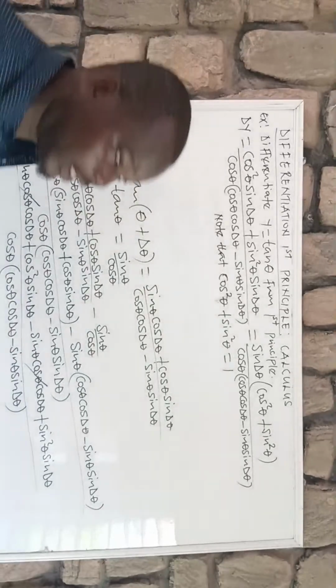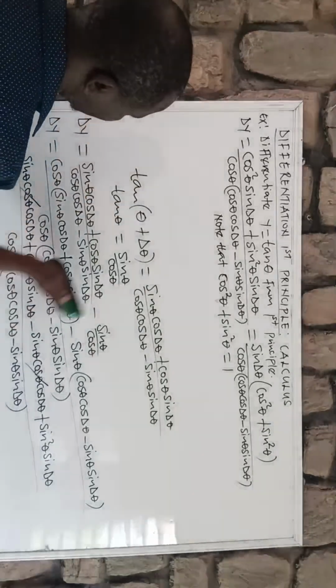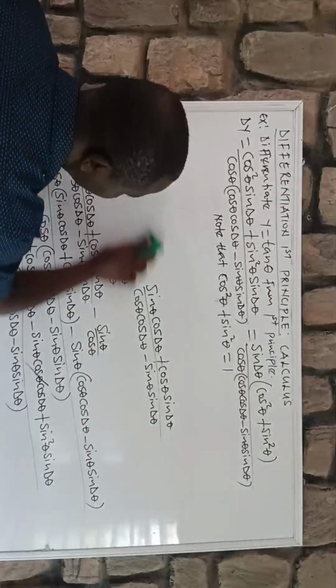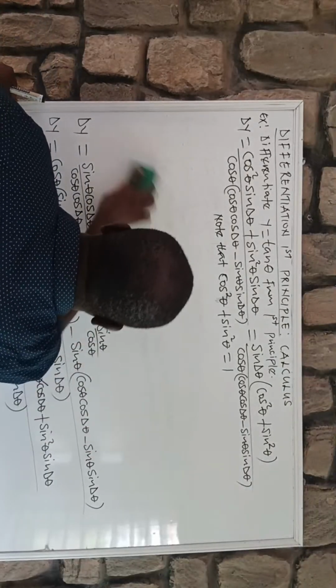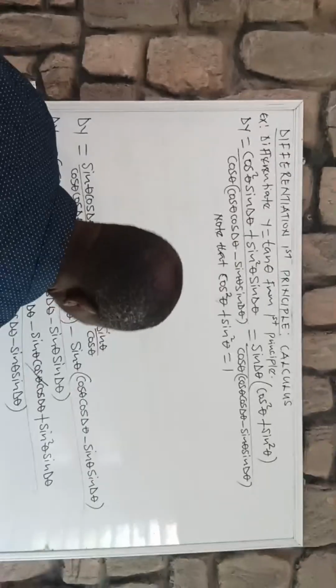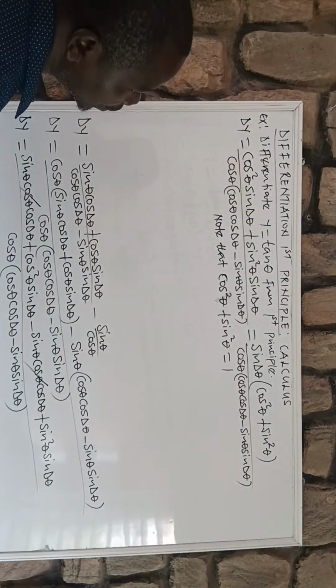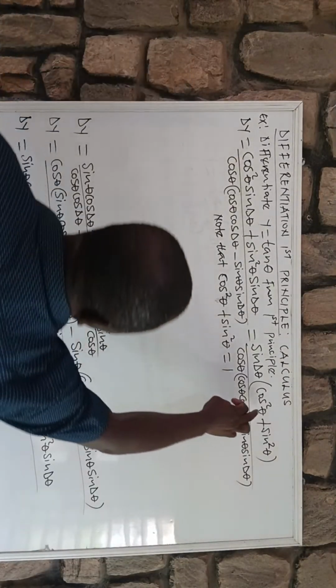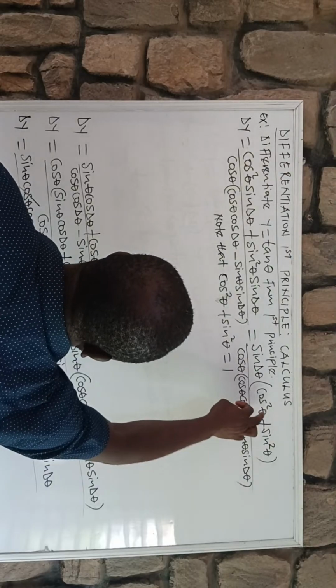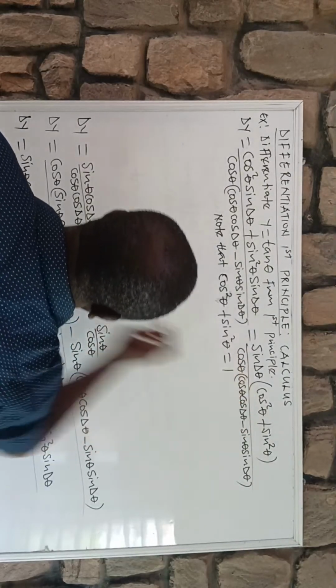That is the trig identity for you. So I think I can take off this part. So it means here will be 1, and 1 times sin delta theta is the same thing.